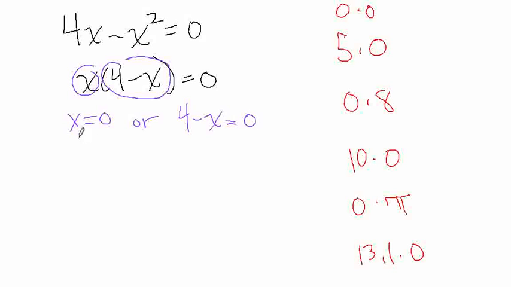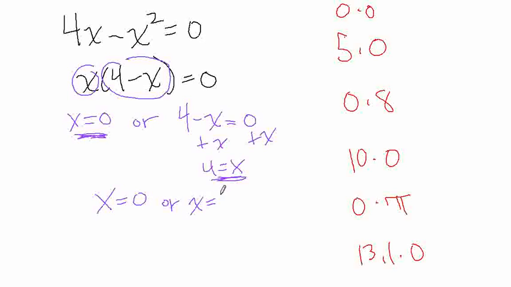Well, if the first piece is 0, that means x is 0. If the second piece is 0, well, let's solve that. Let's add x to both sides. So 4 equals x. Okay, so that means if x was equal to 0 or x was equal to 4, then the original equation should be satisfied.